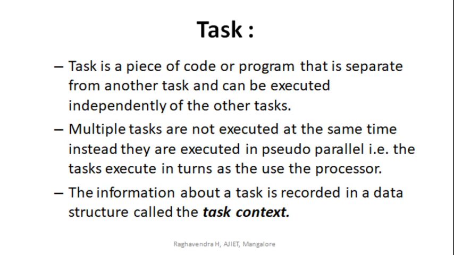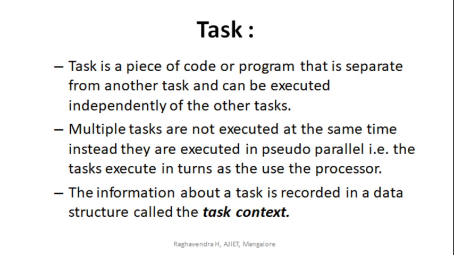When a task is executing, it uses the processor and the registers available for all sorts of processing. When a task leaves the processor for another task to execute before it has finished its own, it should resume at a later time from where it stopped and not from the first instruction. This requires the information about the task with respect to the registers of the processor to be stored somewhere. This information is recorded in the task context.